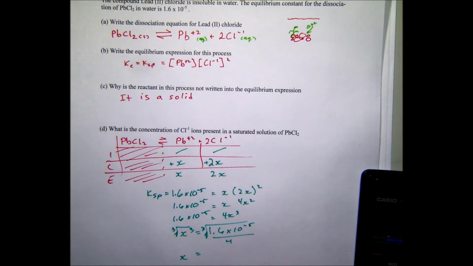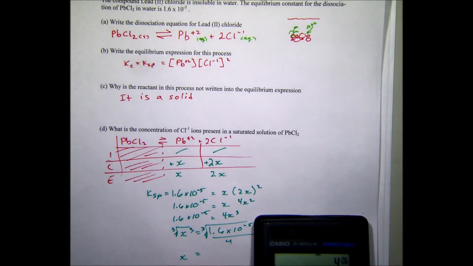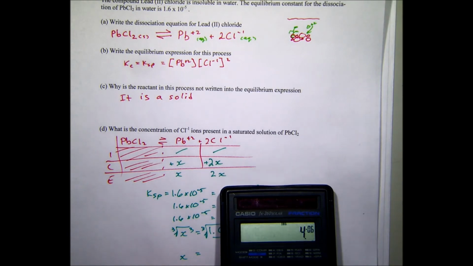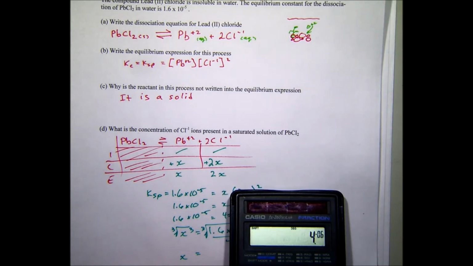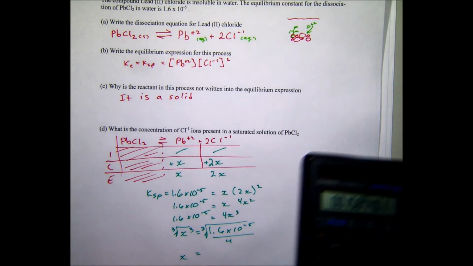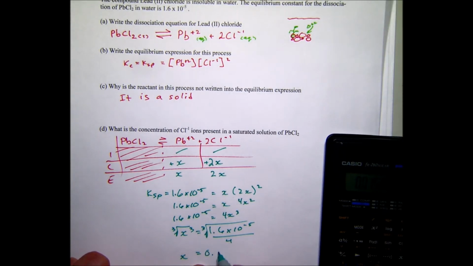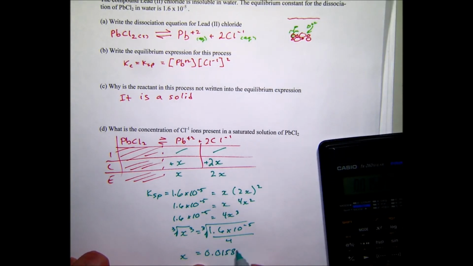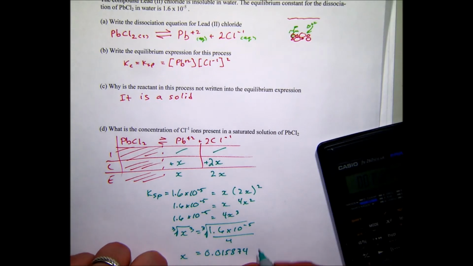So what we're going to do is solve for 1.6 times 10 to the negative 5 divided by 4. So we get 4.4 times 10 to the negative 6. When we take the cube root of that, I get 0.015874. And these are of course going to be in moles per liter.